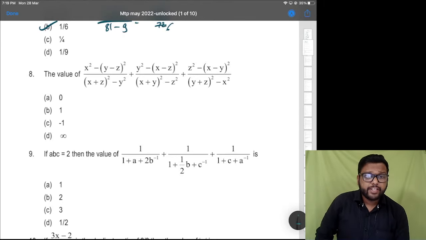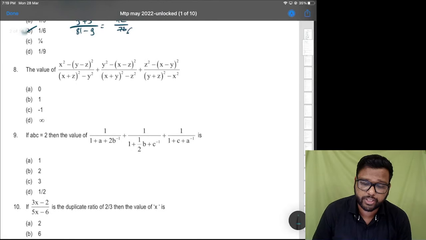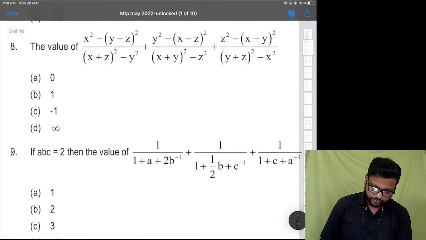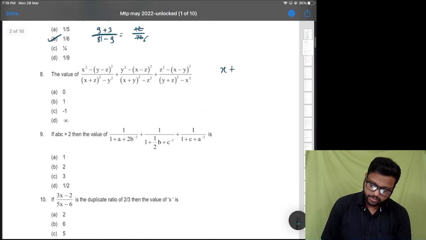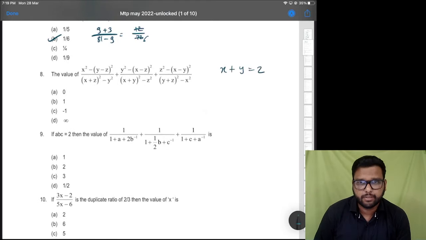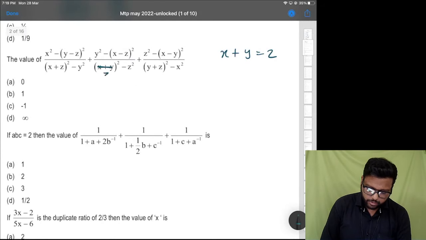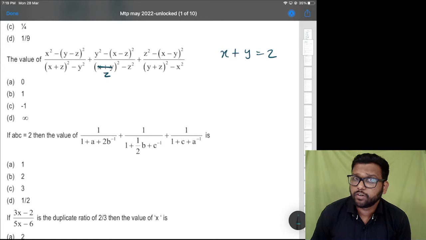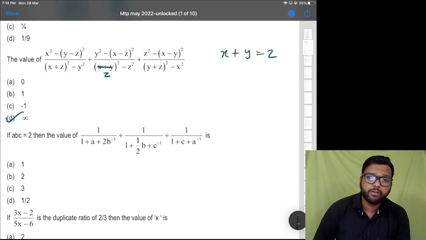But in this question they have not given some important information. Understand why. If x plus y is equal to z, for example, then this will be equal to z, and z square minus z square will be 0, and anything divided by 0 is not defined, so infinity will be the answer then.